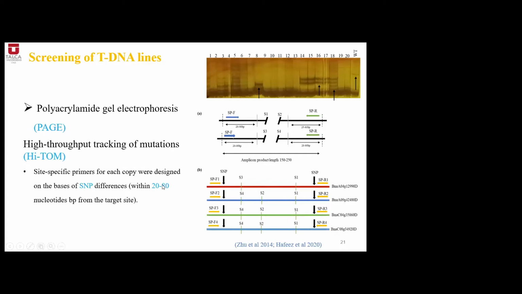The amplicon should be 150 to 250 base pairs, because Hytom will not read sequences at large base pair sizes. So we need to design the primer within the 150 to 250 base pair range, and the primer length should be 20 to 80 base pairs.